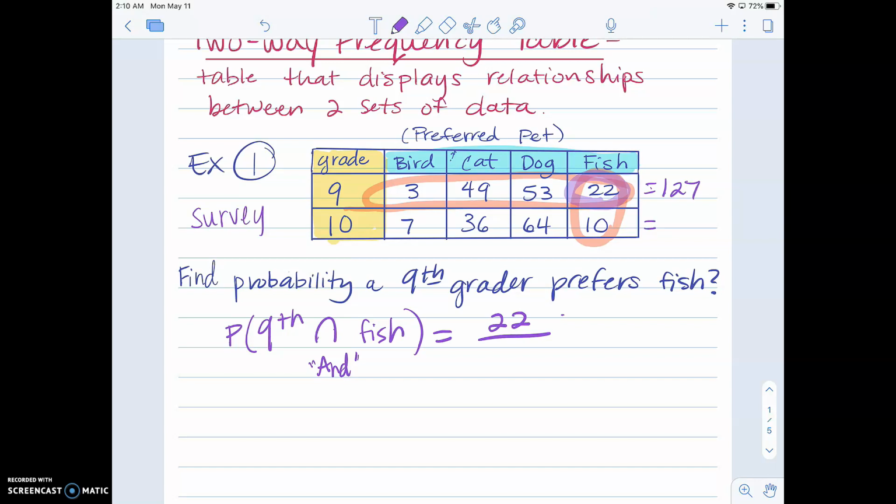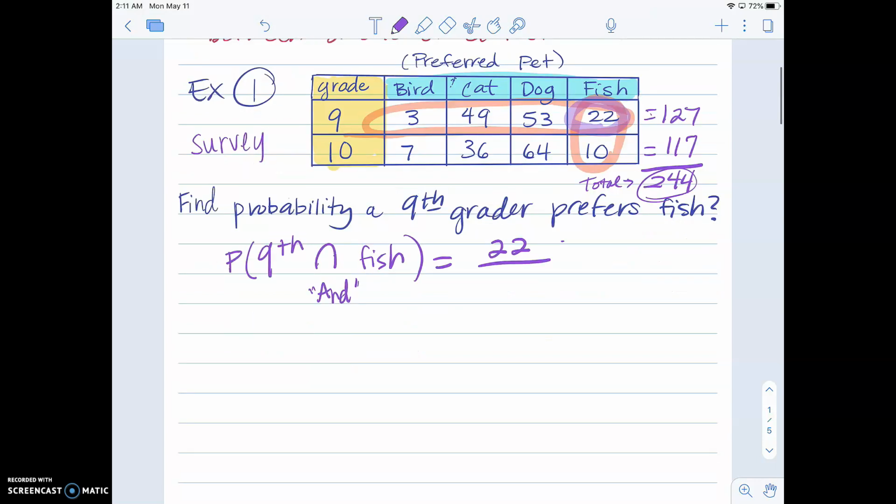And then you do the same thing for 10th graders, because we need to know how many 10th graders there were as well. You add 7, 36, 64, and 10, and that is 117. So we have 9th graders plus 10th graders, and we get 244 as our total number. So that's going to go here on the bottom.